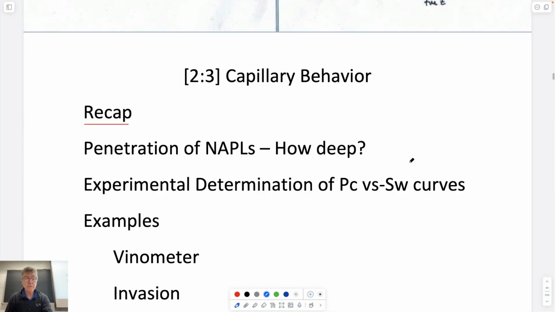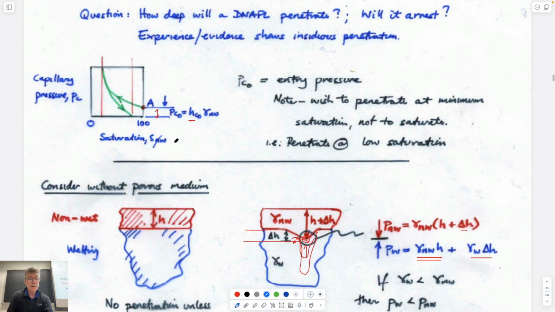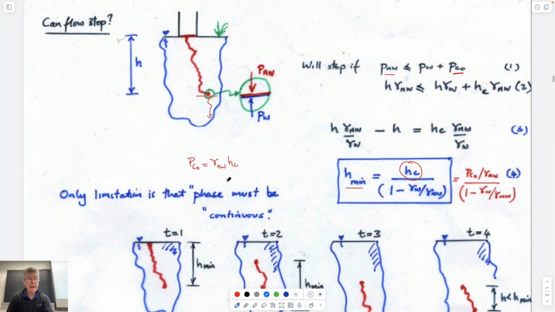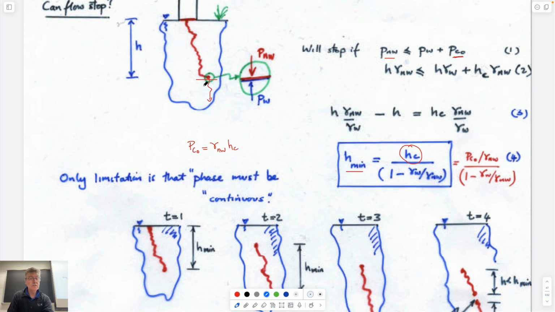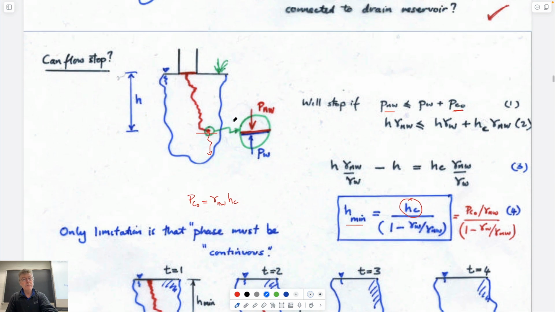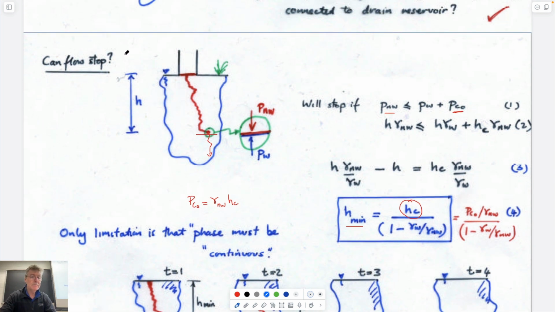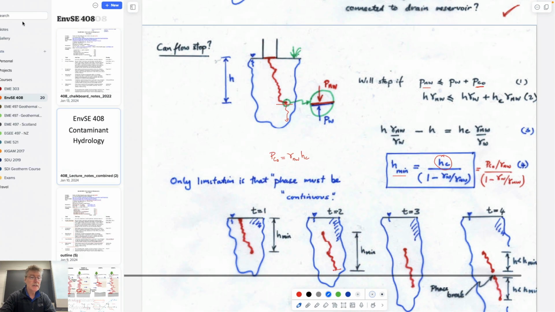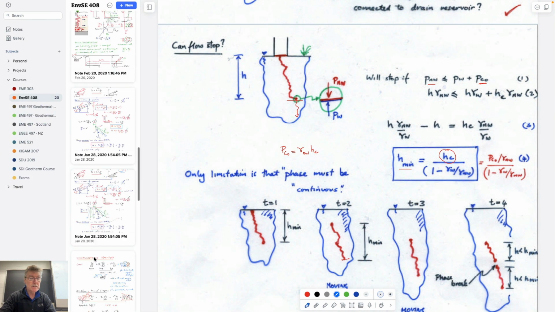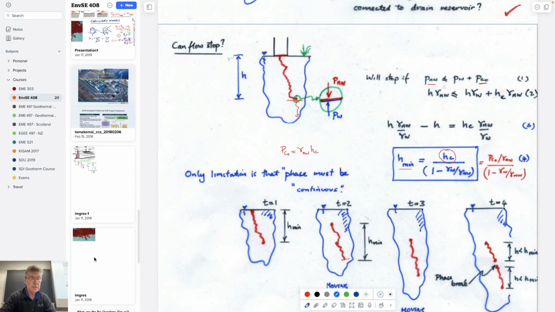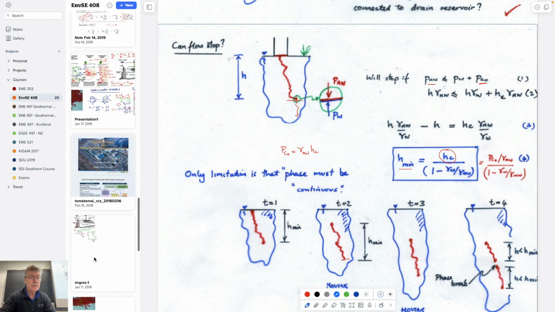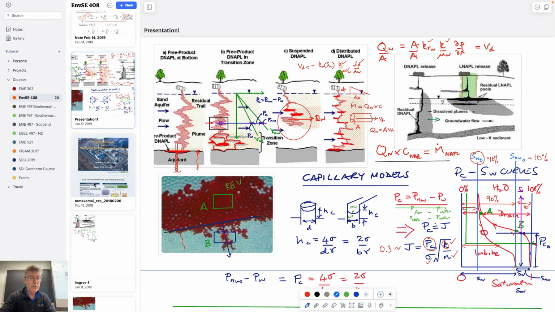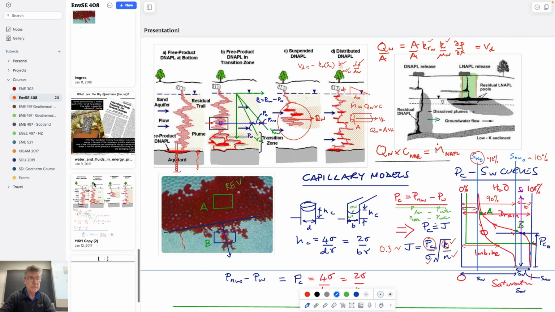And if we know where this curve is anchored, then we can say something about what happens in the subsurface in terms of invasion at very low saturations. And so I guess really one of the problems with DNAPLs, as alluded to here, is that invasion can occur at very low saturations.